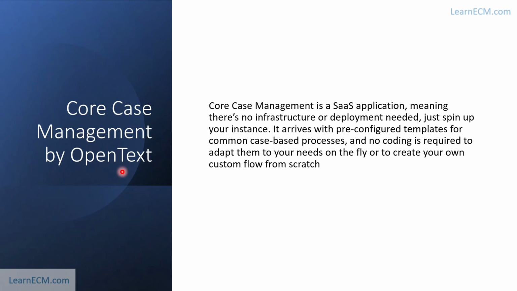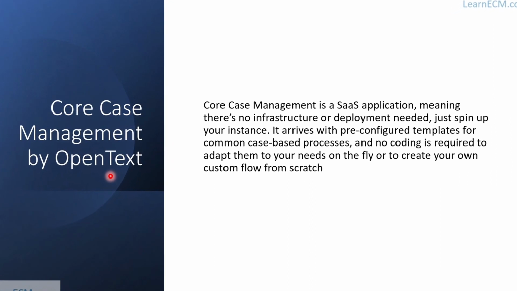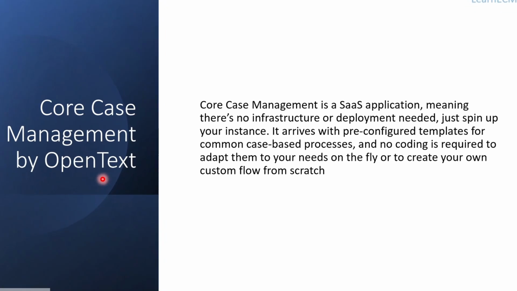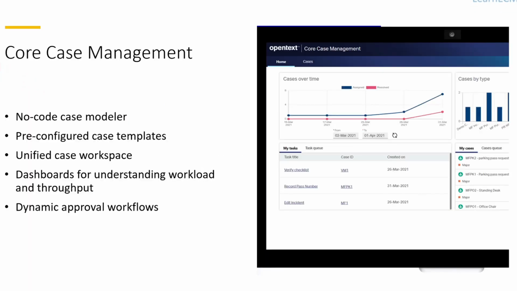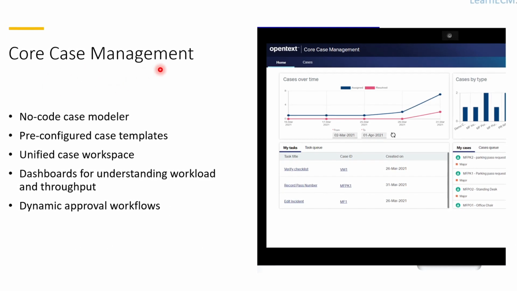It arrives with pre-configured templates for common case-based processes, and there is no coding required to adapt them. We can create our own custom flows for our cases with the help of this Core Case Management SaaS application. So what are the main features or functionality that Core Case Management provides?